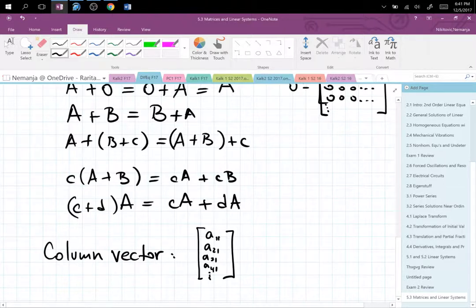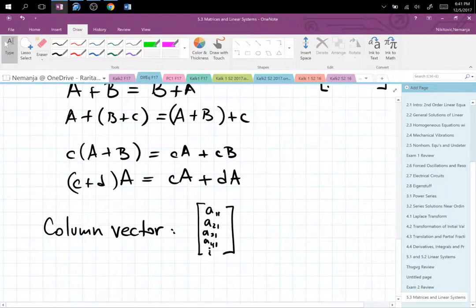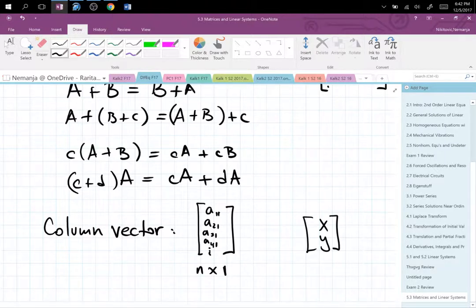It's whatever number of rows you have by 1, so this would be an n by 1 matrix, but we call it a column vector. This is important because our x and y, which are solutions, will be stuffed into the matrix like that. You've seen it in a previous section. I wrote it a few times without explaining what it was.